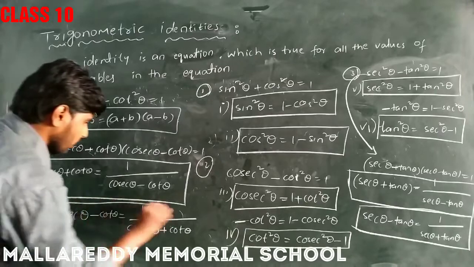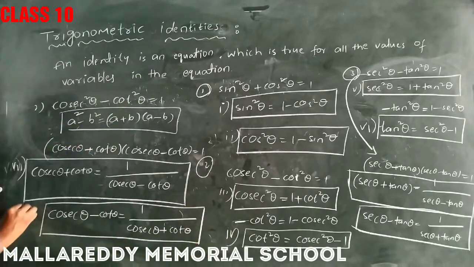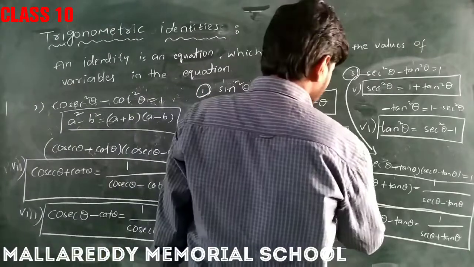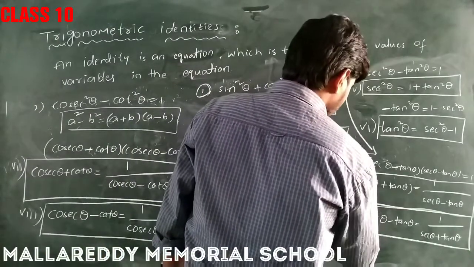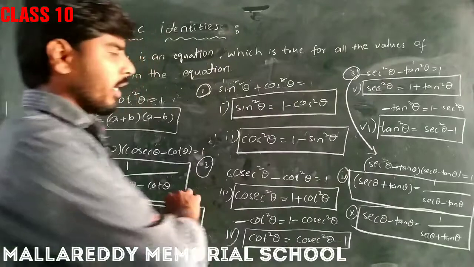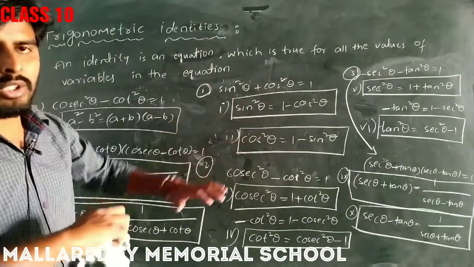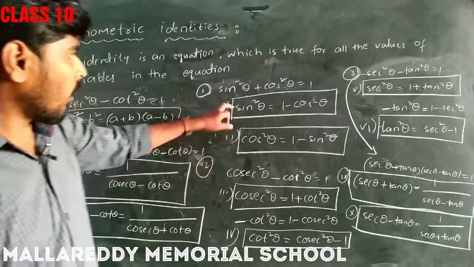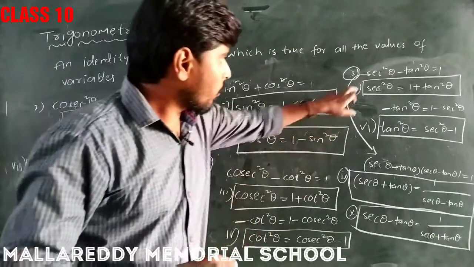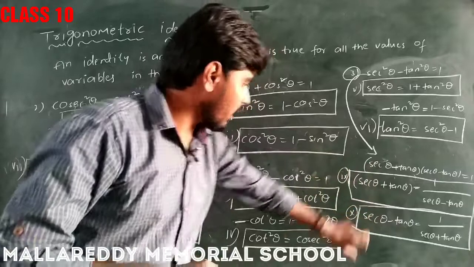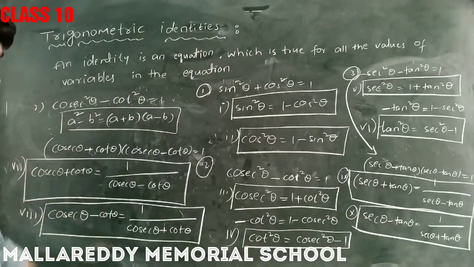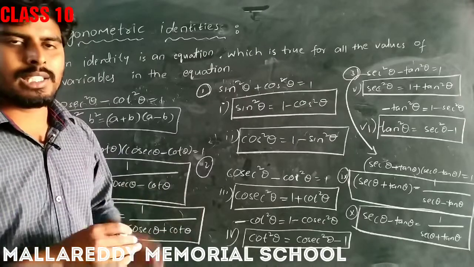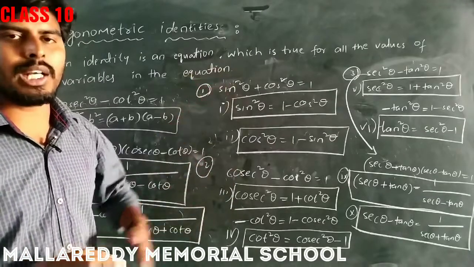So finally, this is the 8th one, this is the 9th one, this is the 10th one. Write down carefully, pause the video, check it clearly and write neatly. 1, 2, 3, 4, 5, 6, 7, 8, 9, 10. Total 10 formulas with the use of trigonometric identities. This 10 and the 3 identities: total 13 formulas.